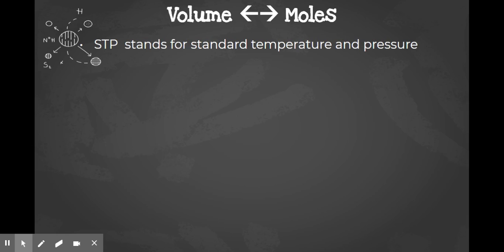And air pressure is different. We're basically at sea level, so our pressure is a lot higher than those people that live up in the mountains. They have a lower air pressure. We'll talk about that in a lot more detail when we get to talking about gases. But for now, you need to know that standard temperature and pressure is always abbreviated STP.